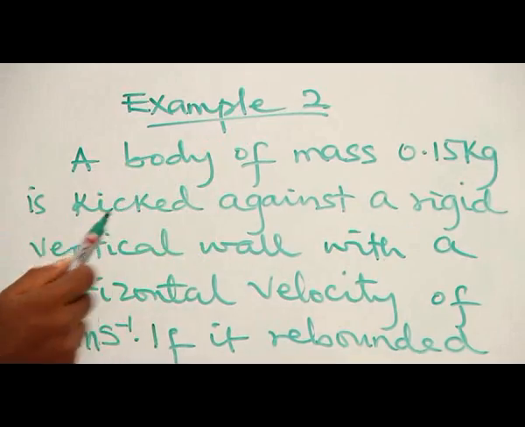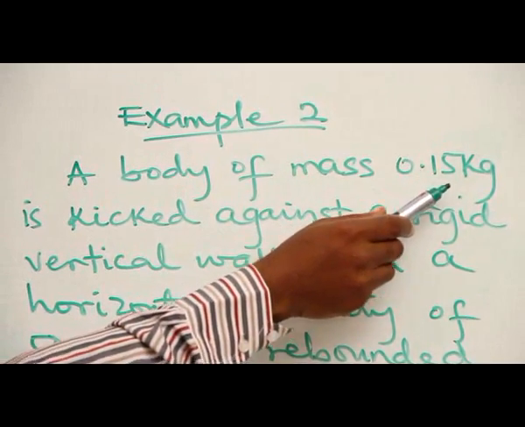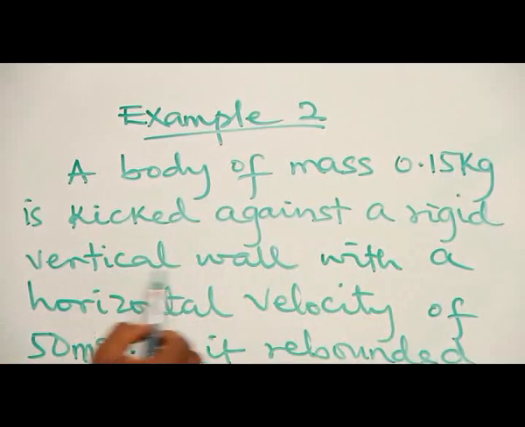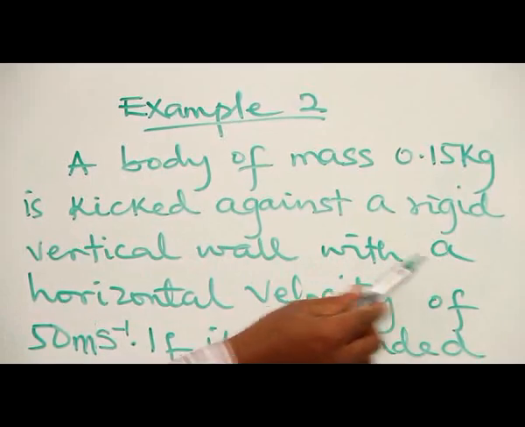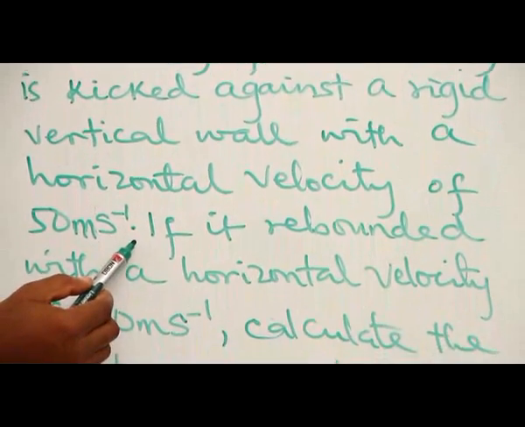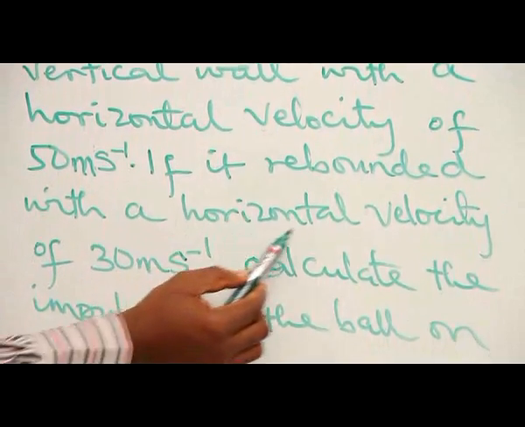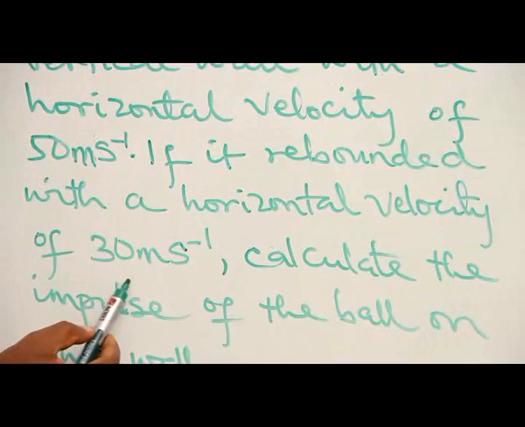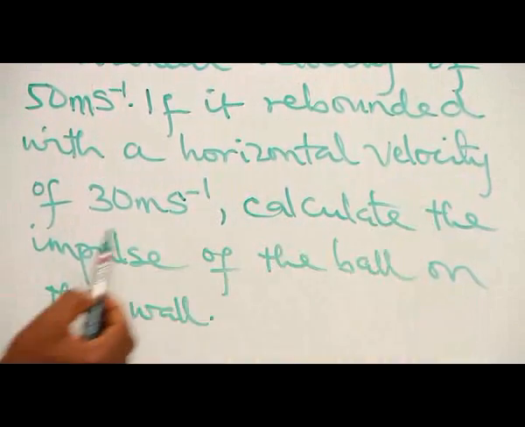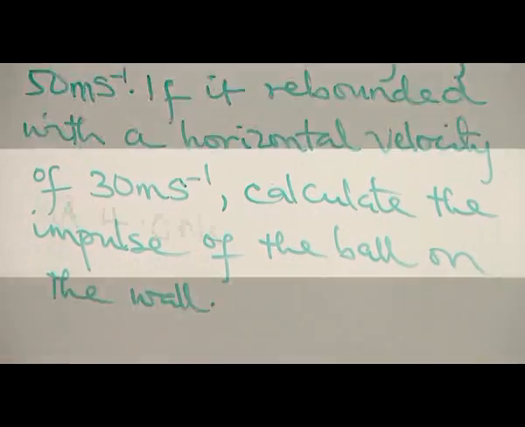Example 2. A body of mass 0.15 kilogram is kicked against a rigid vertical wall with a horizontal velocity of 50 meters per second. If it rebounded with a horizontal velocity of 30 meters per second, calculate the impulse of the ball on the wall.